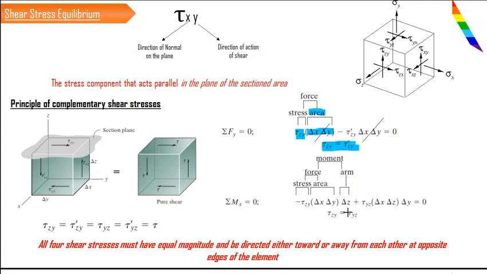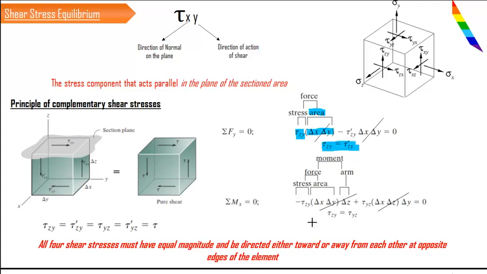So when we cancel out the similar terms, these two terms will get cancelled out, and the only thing left is tau zy should be equal to tau yz. This is a very important condition that you have to study in order to have proper shear stress equilibrium. The shear stresses acting on the opposite planes should be equal.